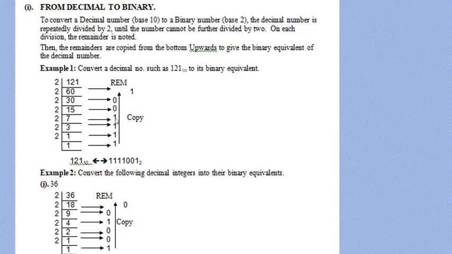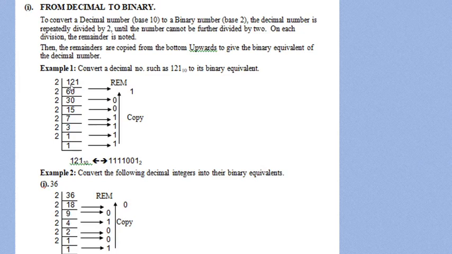Therefore, you write 1. Then 7 is also not completely divisible by 2, so you write 1. 3 is also not completely divisible by 2, so you write 1. Then at this point, 2 divided by this one, you get a fraction, so you write 1, and you write another 1 here, and that is the end of the calculation.